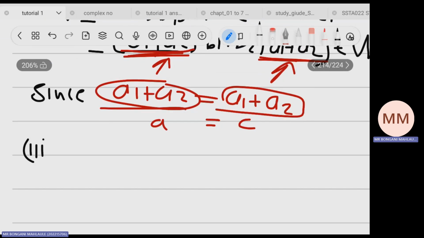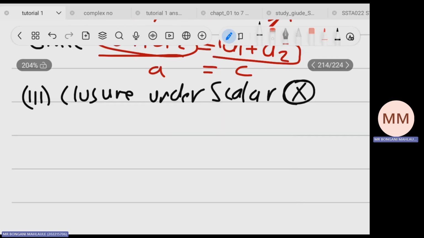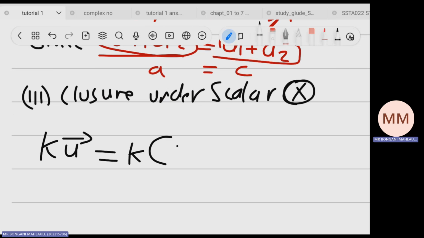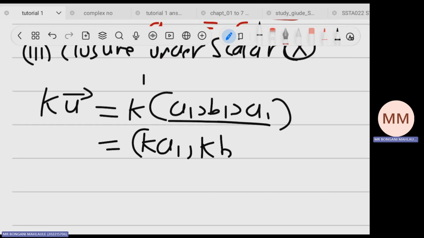Then we can check for closure under scalar multiplication. You'll say KU will be equal to K A1, P1, A1. This was our U, and you'll get K A1, K P1, K A1.